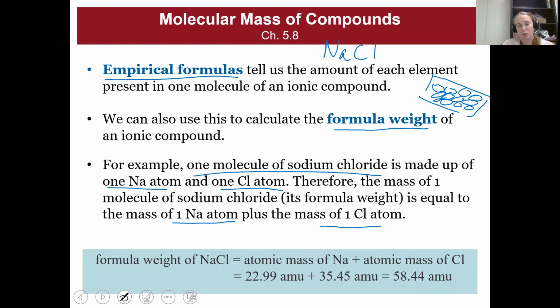The mass doesn't change very much at all when you take away or add 1 electron. Anywho, the formula weight is equal to the atomic mass of sodium plus the atomic mass of chlorine, because we only have one of each. So 22.99 AMUs plus 35.45 AMUs. Our formula weight of sodium chloride is 58.44 atomic mass units. Cool.